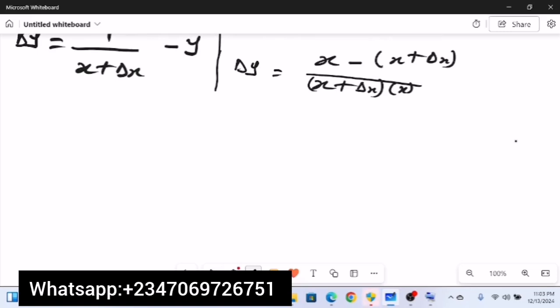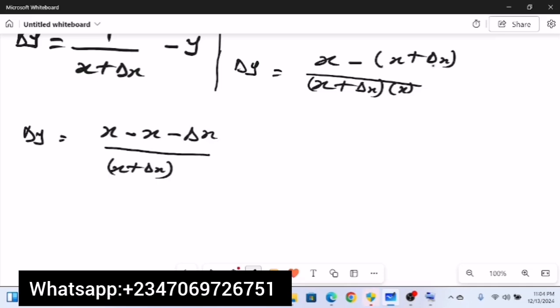Now I'm going to have change in y to be equal to, now let's expand this bracket with this negative sign, so it becomes minus times x minus x, and minus times change in x minus change in x. So I'm going to have x minus change in x, the whole of this divided by x plus change in x multiplied by x.